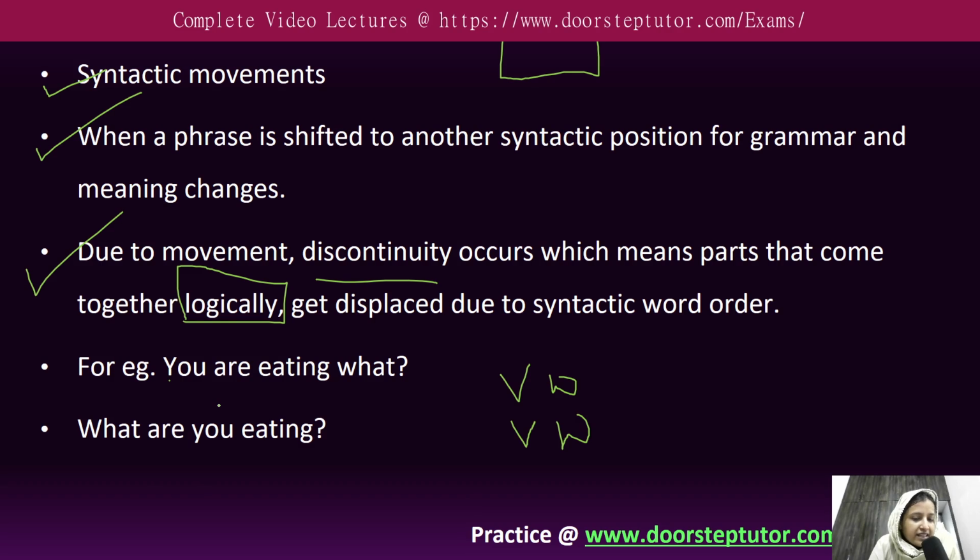So you are eating what is not grammatically standard; rather, what are you eating is the standard sentence. Similarly, you are reading which book is not standard. What is standard? Which book are you reading? So now what has happened? The verb has gotten away from the WH question word. This is what is being displaced. What and eating were coming together, and which book and reading were coming together.